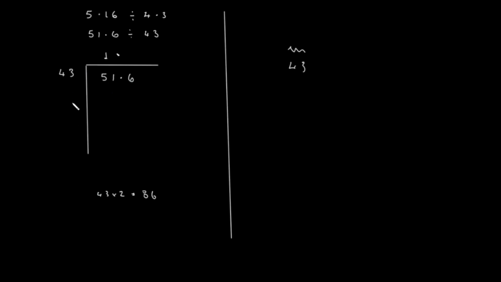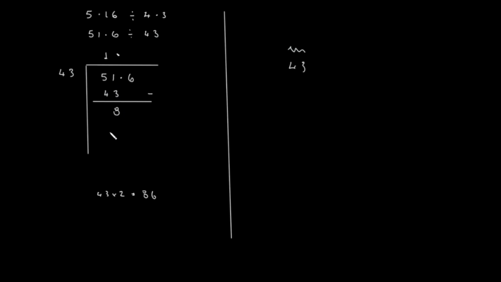It's so long since I've done some of these. Right, so we have a decimal point there. Now we just look at our digits. Once times 43 is 43. Do your subtraction, and your remainder is 8.